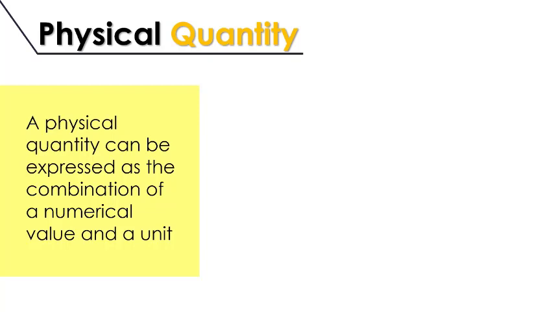A physical quantity can be expressed as the combination of a numerical value and a unit. We must assign units to numerical quantities whenever we conduct measurements in order to indicate the relative size or magnitude of the property.